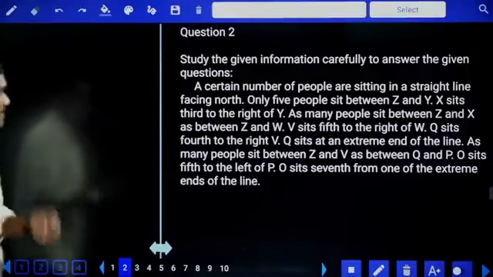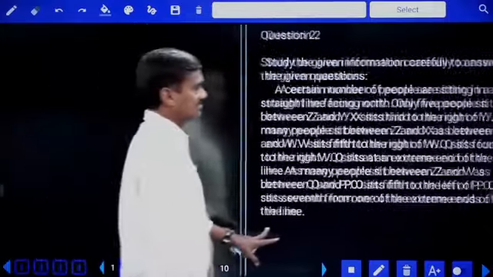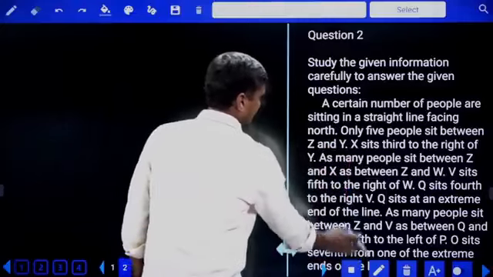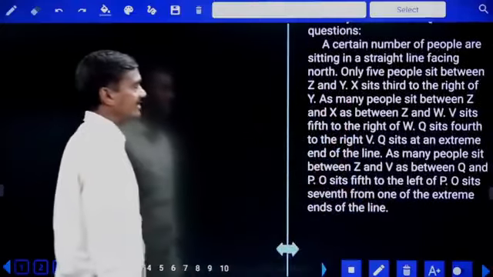Yes, your time is up. Now in this second one, a certain number of people are sitting in a straight line facing towards north is clearly given, and only 5 people between Z and Y.